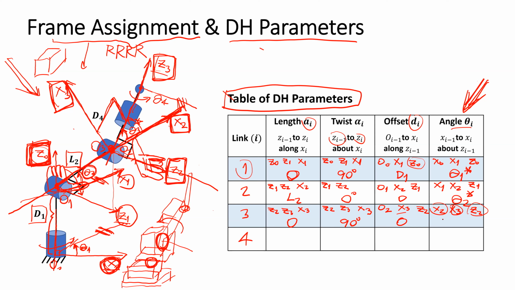So 90 degrees plus theta 3 is the joint angle.